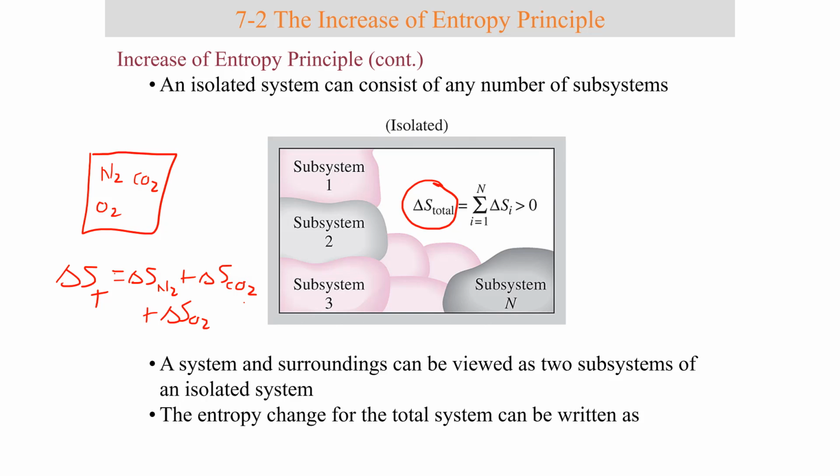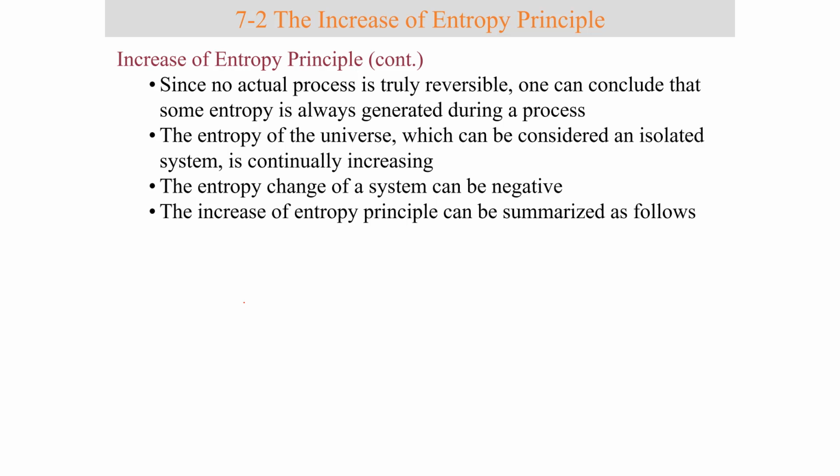So a system and surroundings can be viewed as two subsystems of an isolated system. So if you're looking for the total change in entropy of a system, you can do that by looking at the change in entropy of the subsystems. Since no actual process is truly reversible, one can conclude that some entropy is always generated during a process. So the entropy of the universe, which can be considered an isolated system, is continuously increasing.